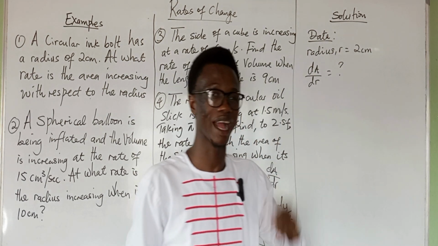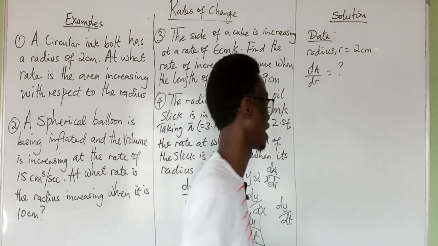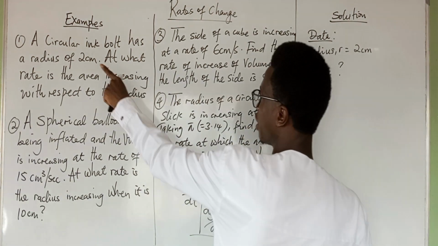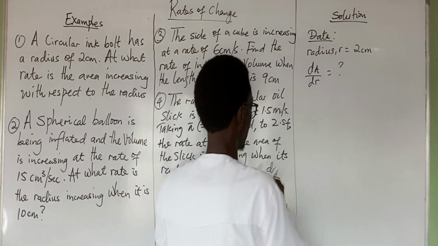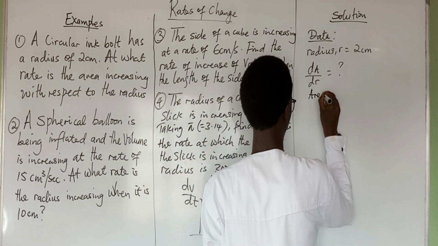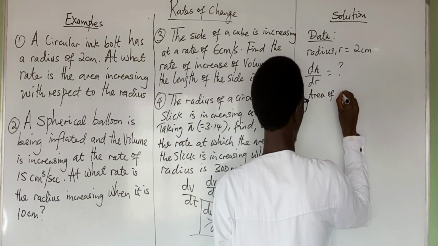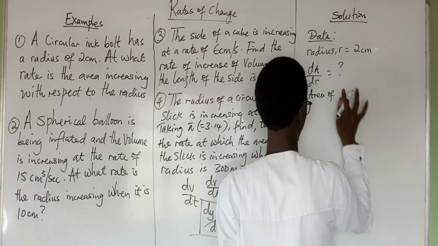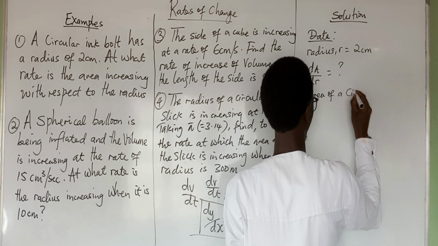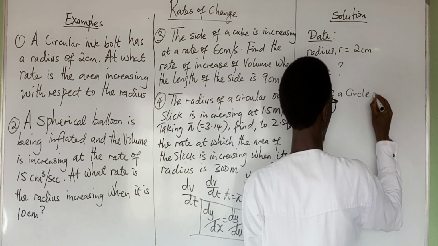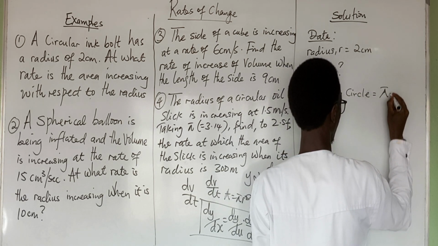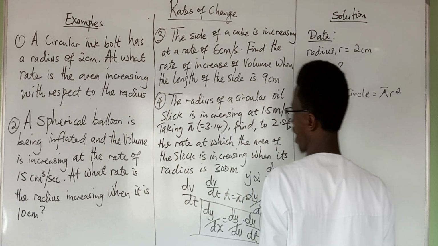Now we have to go back to the question and try to interpret. It says a circular ink blot, so we are talking of a circle. And we know that the area of a circle is equal to pi r squared.